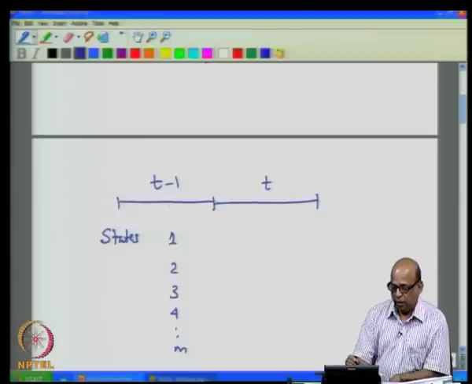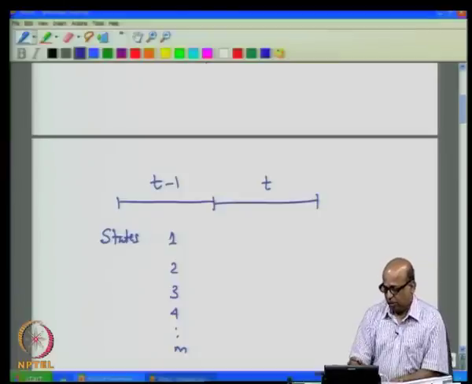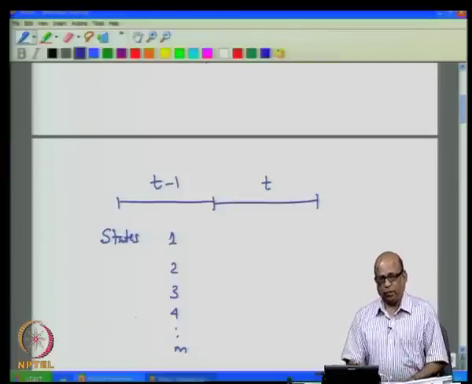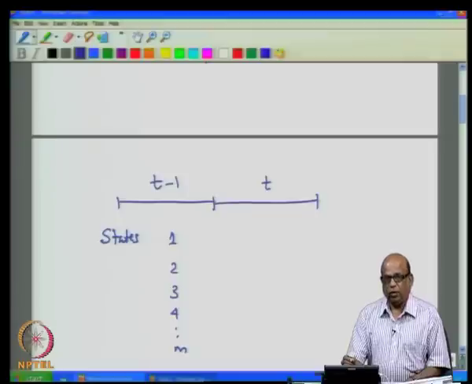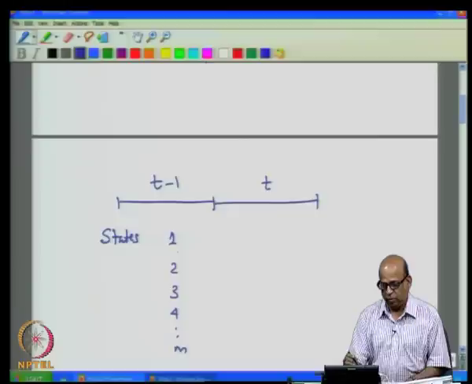So, the weather can be either in state number 1 which may be dry day, state number 2 which may be a wet day, or if you are looking at the reservoir storage as a Markov chain, then in time period t minus 1, it may be in one of these several states: 0 to 25% of the total storage as state number 1, 25% to 50% as state number 2 and so on.